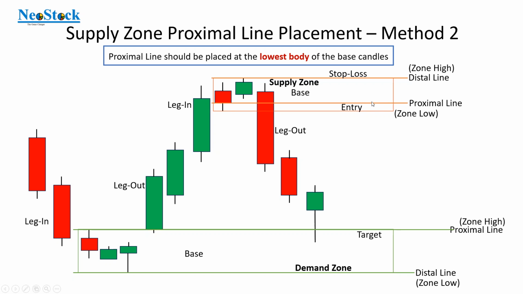This new proximal line is our entry. Now what is the risk? The new entry minus stop loss, that is the difference of stop loss and the new entry. So is the risk minimized now compared to the previous method? Yes, risk is minimized. At the same time, our reward is also increased.